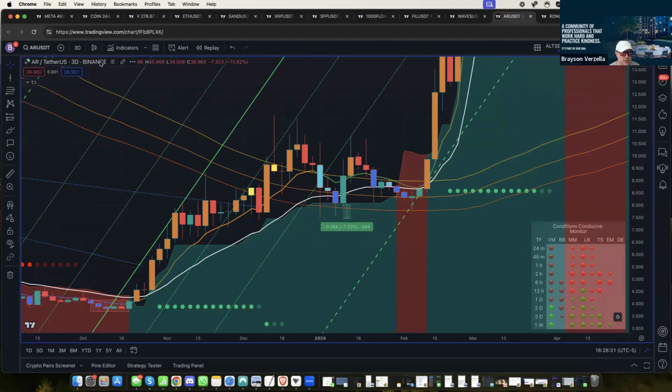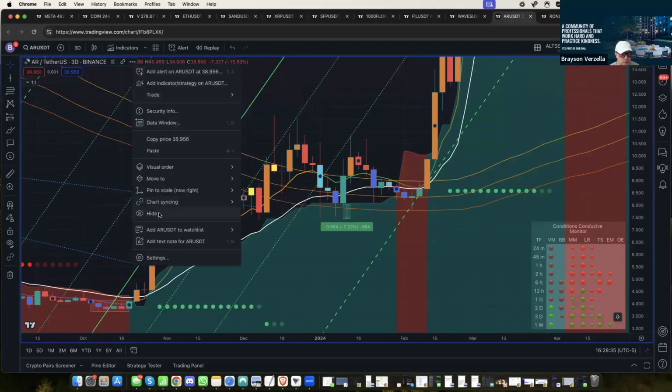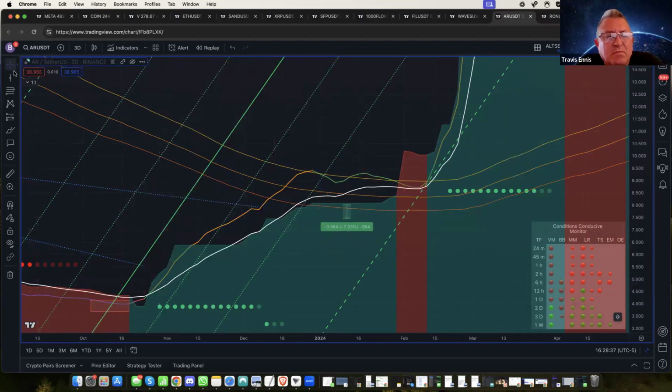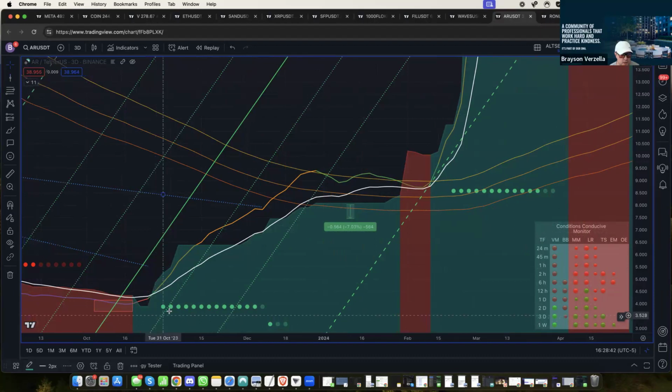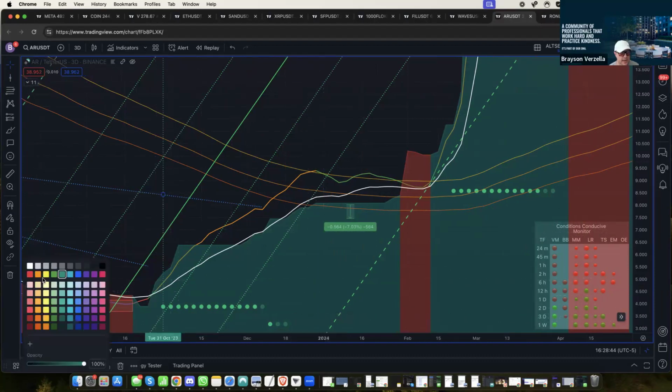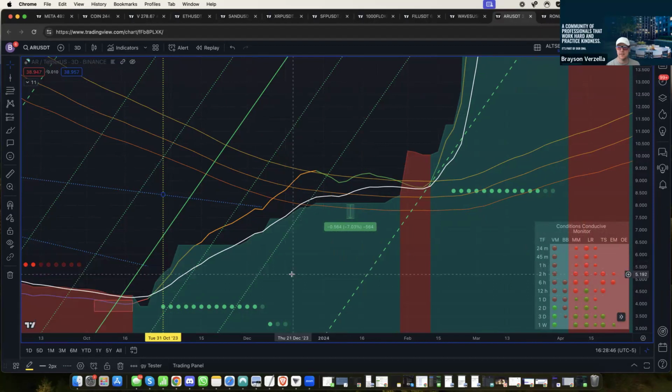When did it actually turn? When it would have pinged me for orange closed actually happened to coincide with when we had the expansion monitor pinging, right? The first green dot happened to be the very first day that the movement monitor on this particular time frame, the 3-day, turned orange.